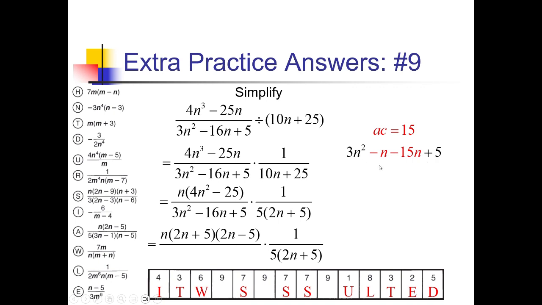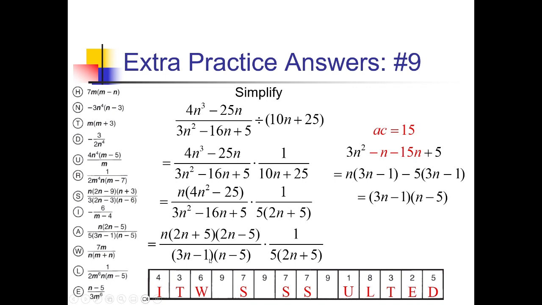Take an n out of those first two, leaves me with 3n minus 1. And then I'll take a negative 5 out of the next two, leaving me with a positive 3n minus 1. So 3n minus 1 is coming out as a common factor. N minus 5 is going in as my leftover parentheses factor. And I'm putting all of that down here in the lower left so that I can hopefully cancel some things out with it.